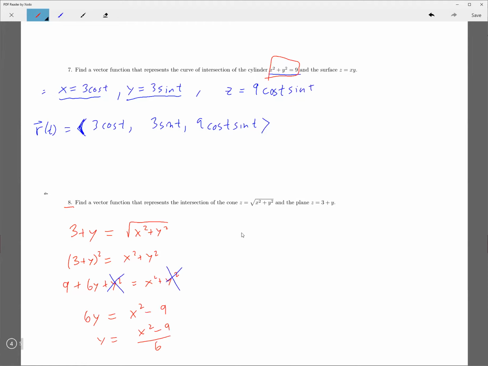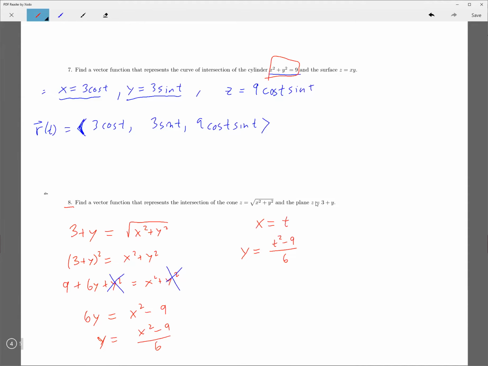Okay, so now the idea is here we have y as a function of x, right? And then we have z as a function of y over here. So y is a function of x and z is a function of y. So if that's the case, what we can do is we can set x equal to the parameter t. And then y is going to be t squared minus 9 over 6. So just plugging this t into here.